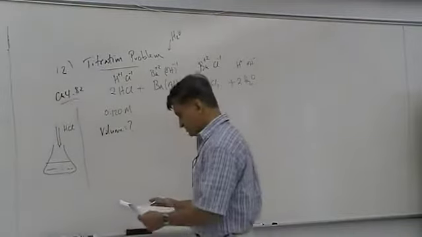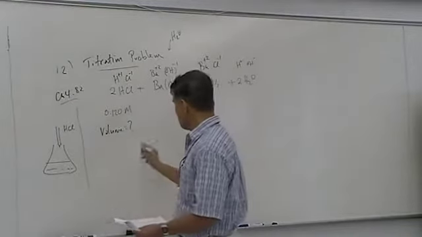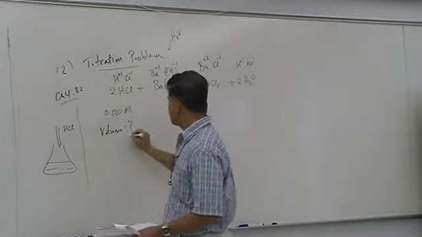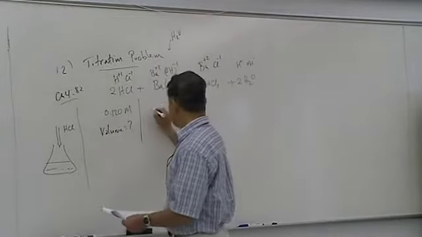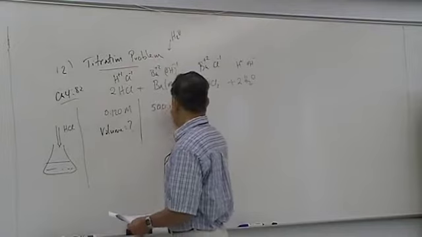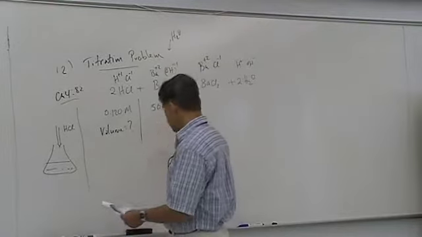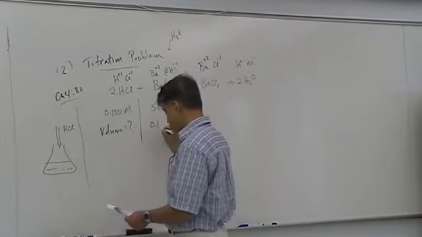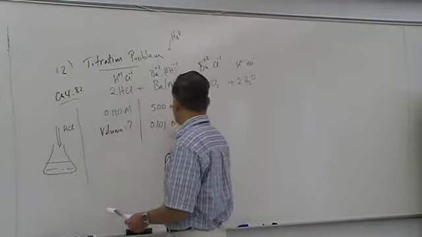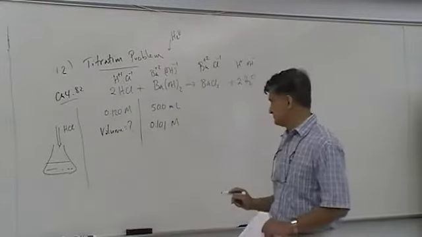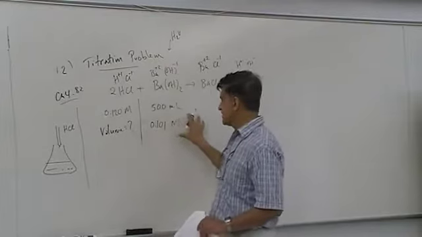And the question is, what volume of HCl you need to add so that 50.0 ml of barium hydroxide with molarity of 0.101 will be completely neutralized. Okay, so this is the given information.